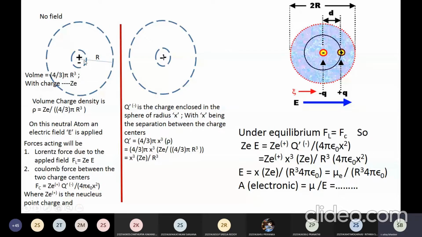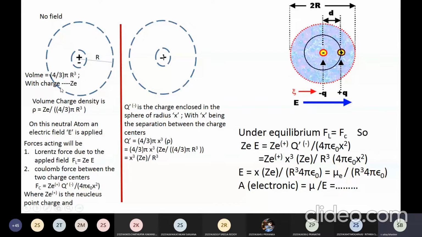Now, if R is the radius of the atom, then the volume of this atom is 4 by 3 pi r cube, because the atom is a sphere. So this complete negative charge is distributed in this complete sphere, so the charge density of this negative charge is Ze by 4 by 3 pi r cube.